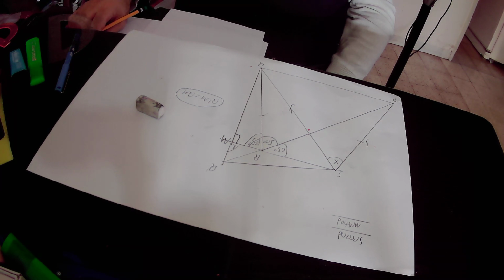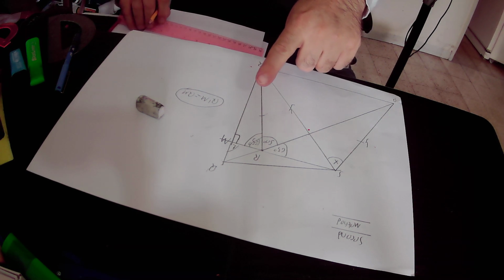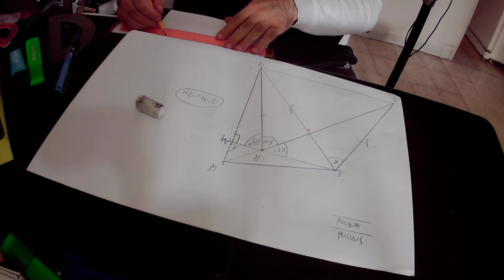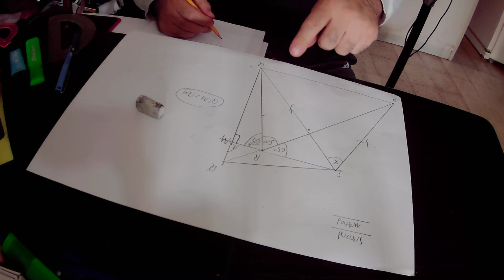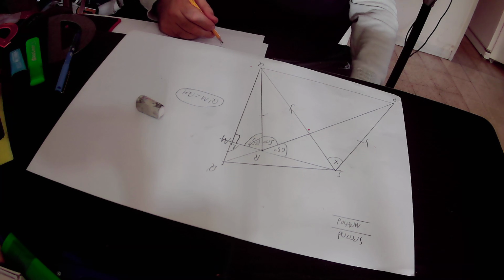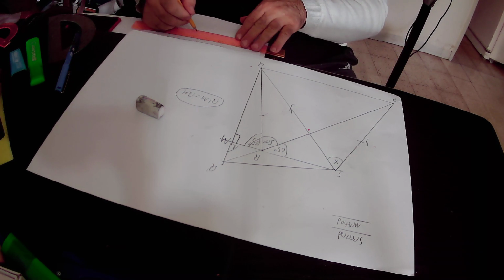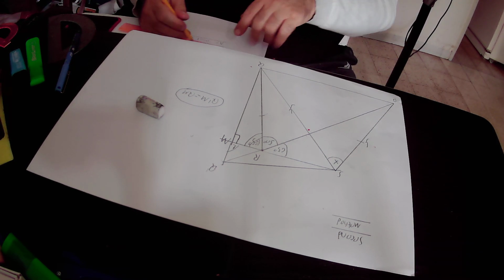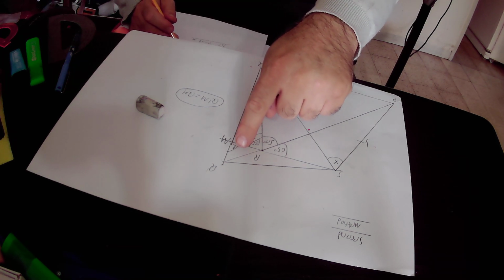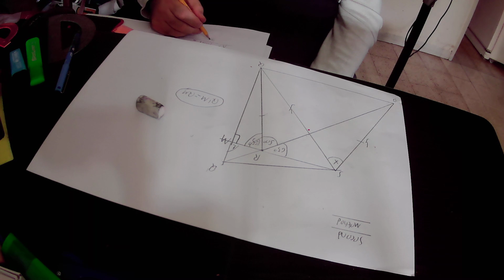So if we focus at point M on the straight line QQ dash, on this side of point M, the sum of the angles must be equal to 180 degrees. So we have here 90 degrees plus the size of angle L must be equal to 180 degrees.